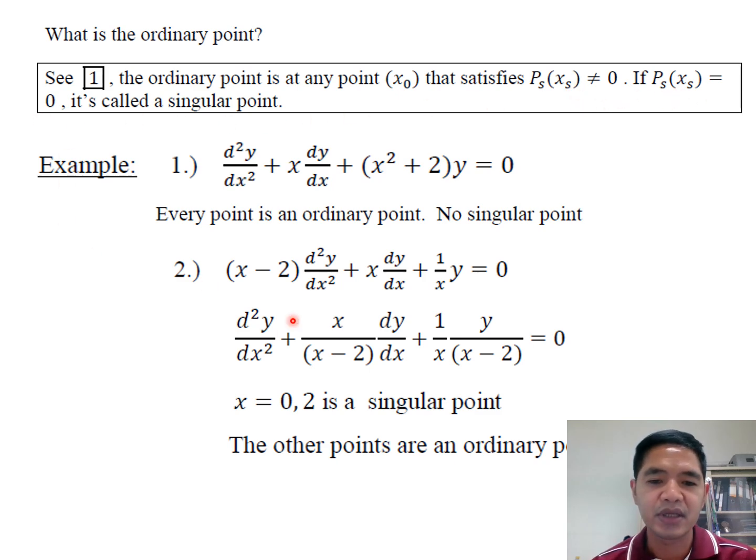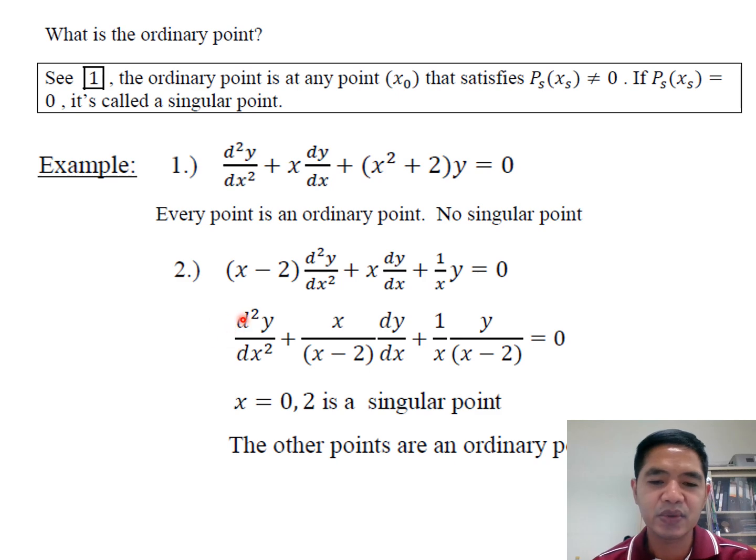Let's take a look at the second example. We have (x minus 2) times d squared y over dx squared plus x dy over dx plus 1 over x times y equal to 0. This is also a linear second order equation, but here p(x) is x minus 2, so we have to rearrange it into the standard form first.